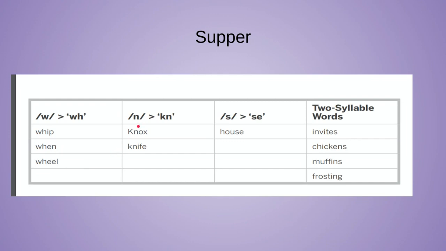And we have the N sound made with KN: knocks and knife. Then we have the S sound made with SE for house. And then on this side, we have 2-syllable words: invites, chickens, muffins, and frosting.